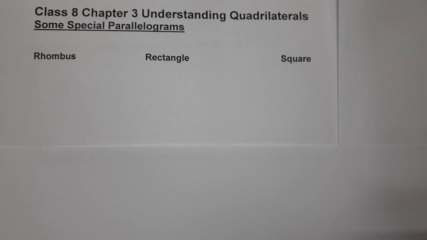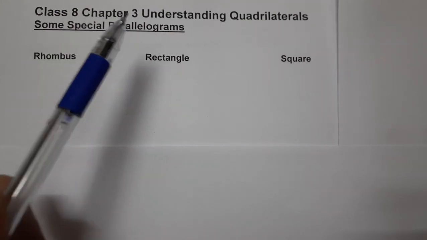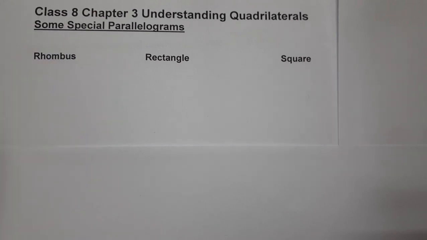There are four important properties of parallelogram: first, opposite sides of parallelogram are equal and parallel, then opposite angles are equal, then adjacent angles are supplementary, and one based on diagonals, that diagonals of parallelogram bisect each other.